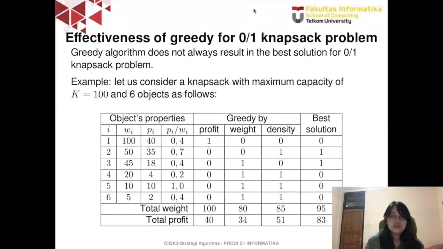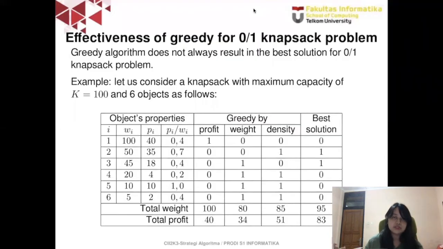For the effectiveness itself, for the 0-1 knapsack problem, the greedy algorithm is not always accurate. The effectiveness is not really good because we can have solutions that are not the best solution.